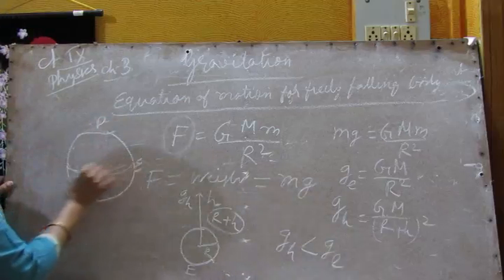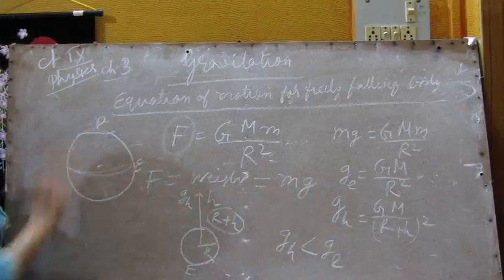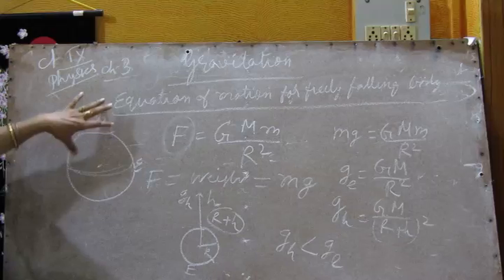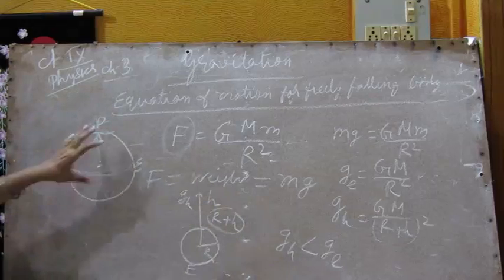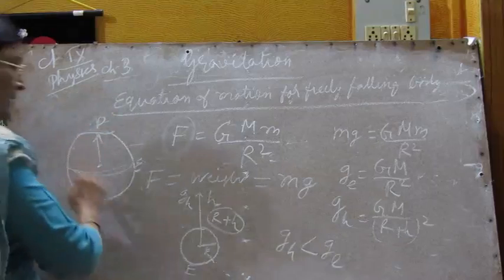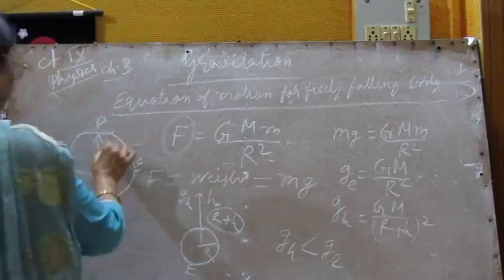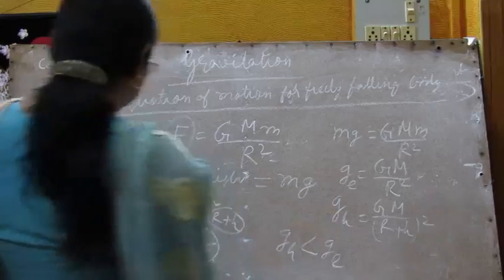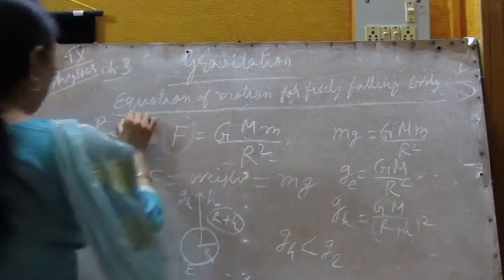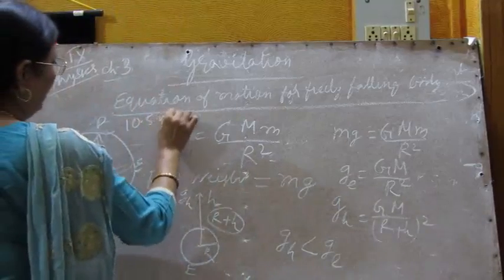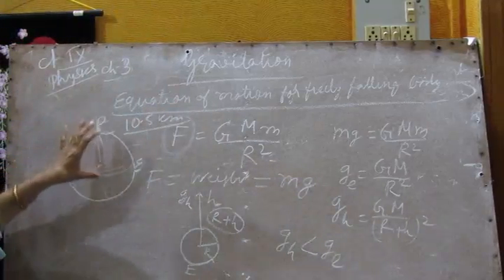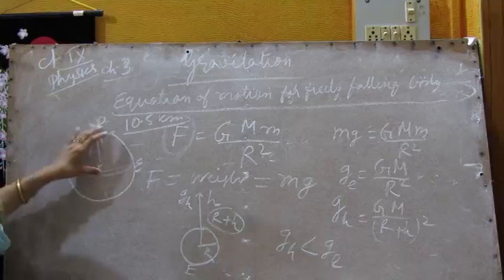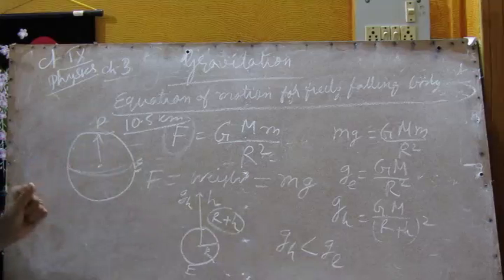The radius at the equator is much more than the radius at the pole, near about 10.5 kilometer larger than the radius of the earth at the pole. So what will happen?